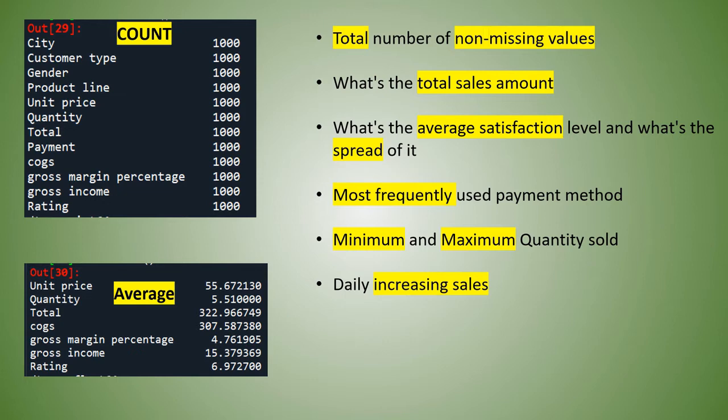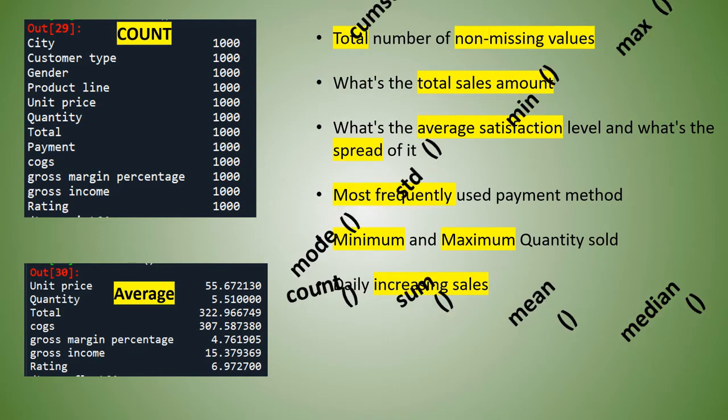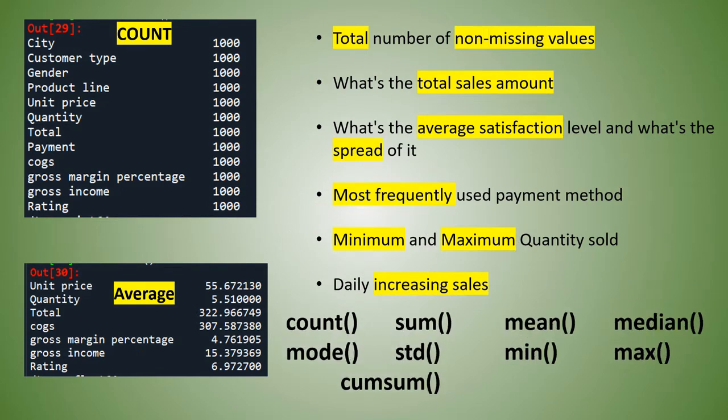What is the average satisfaction level of the customer? Then what is the most frequently used payment method on the purchases? Then what is the minimum and maximum quantity sold and daily increasing sales? And to find these all summaries, we're gonna use these all kind of functions provided by pandas in today's session.